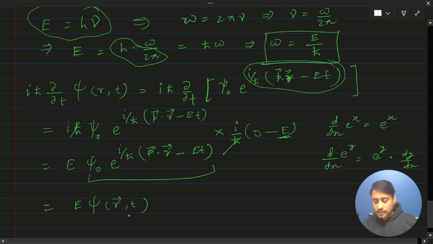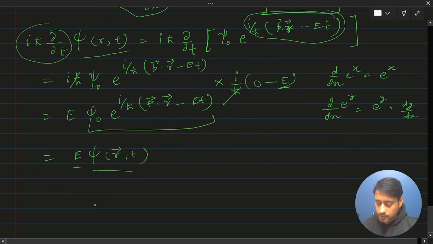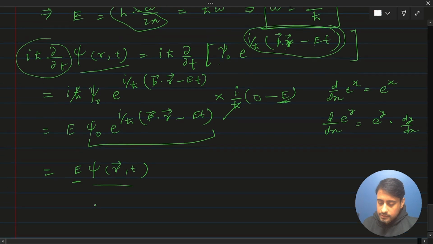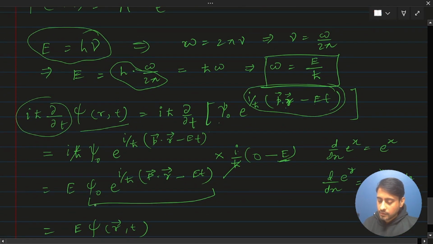So on the left hand side, when this operator acted on this wave function, it gave you E, and this is obvious because this is the energy operator, so the eigenvalue will be the energy. Now let's find the second term.